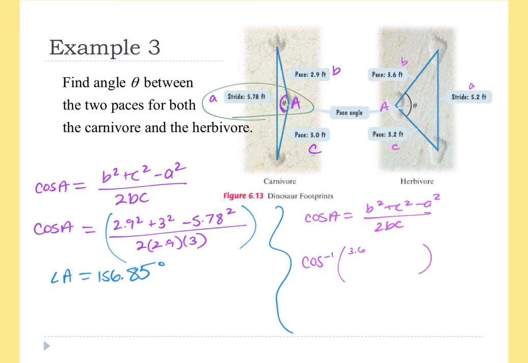So 3.6 squared plus 3.2 squared minus 5.2 squared over 2 times 3.6 times 3.2. And angle A is 99.59 degrees.